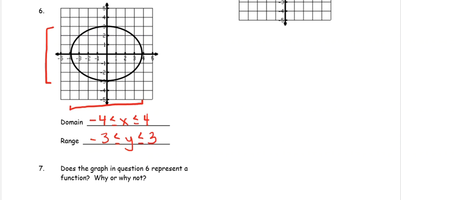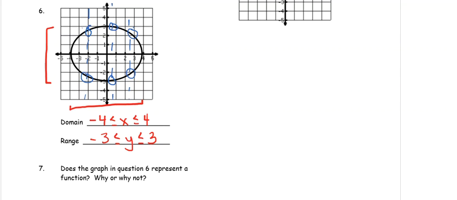And number 7, does the graph in question 6 represent a function? Why or why not? I want you to take a second and think about it. And it's not a function because we've talked about identifying a function graphically: when you're looking at a graph, you can just draw any vertical line. You have actually an infinite number of vertical lines where it crosses more than one point on that line.